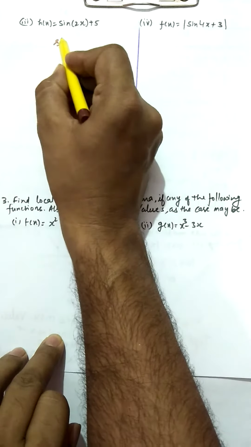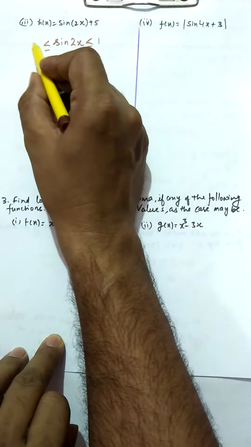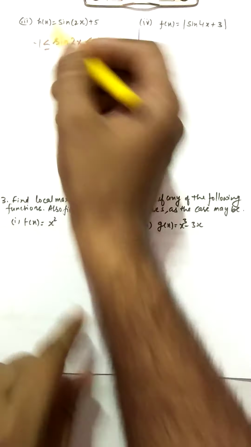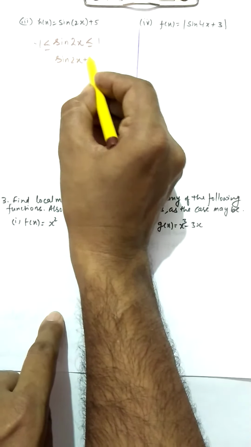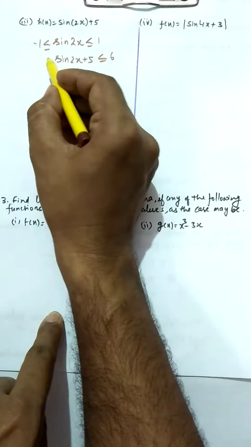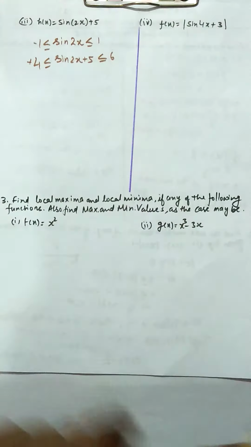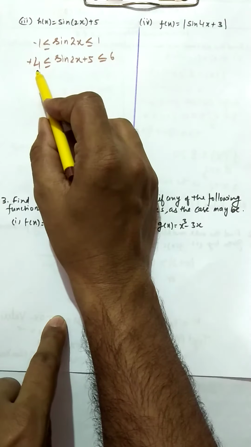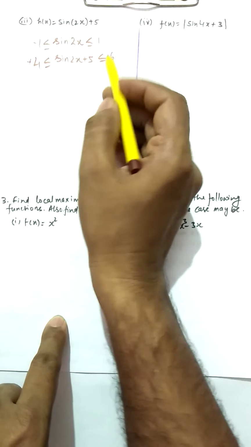We are using this: sin 2x, whatever is the value, will always remain between -1 and 1. So this we can use. Now we add 5 to both sides, then sin 2x + 5 is going to be less than or equal to 6 and greater than or equal to 4, adding 5 both sides. So you can see now your minimum value is 4 and the maximum value is 6.